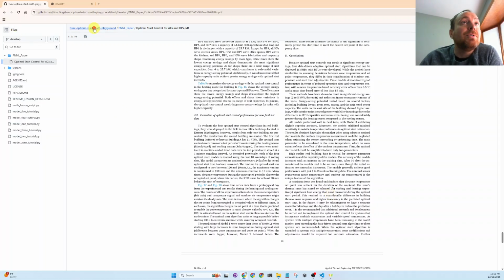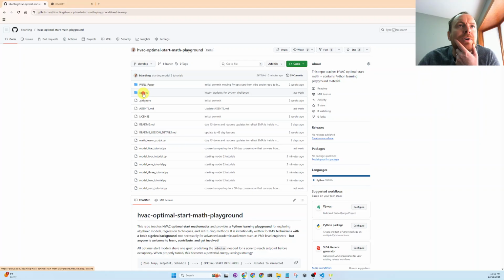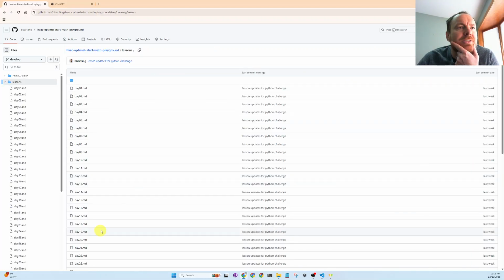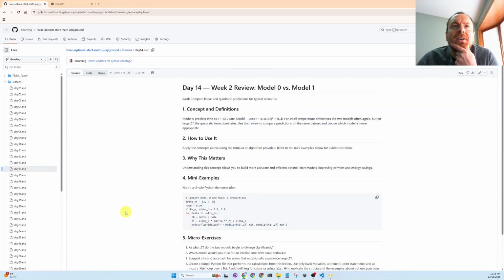Okay, so let's get into it. I might even try and do a couple days in a row if time permits. Okay, so we should be on day 14, model 0 versus model 1.